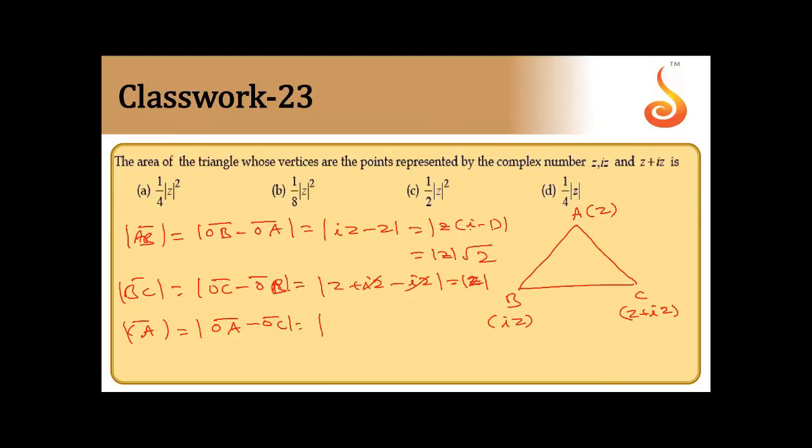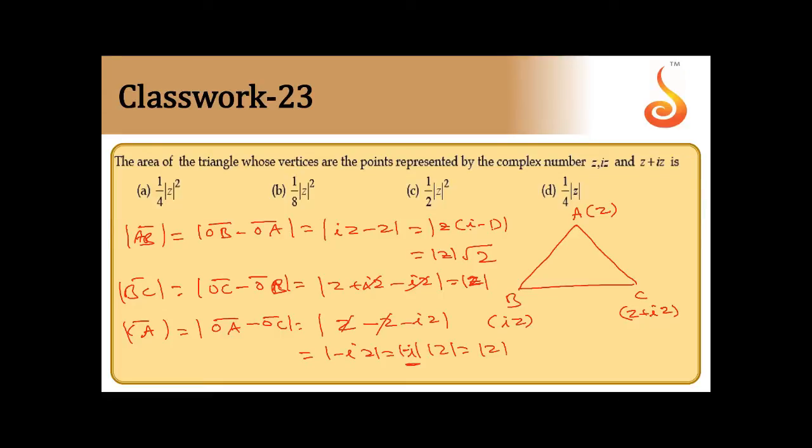OA is z, OC is z plus iz. Z cancels. Modulus of minus iz, so modulus i times mod z, and mod i is 1. Therefore the modulus of minus i is also 1, so it is mod z.